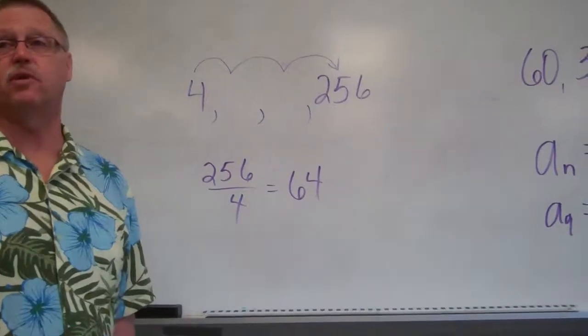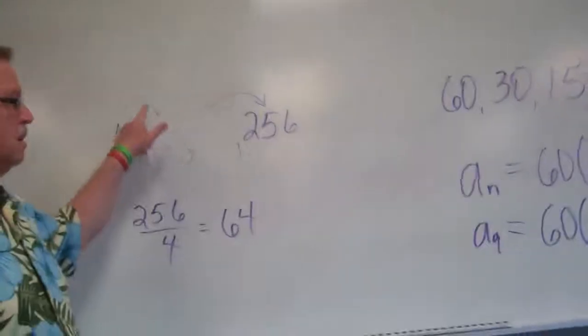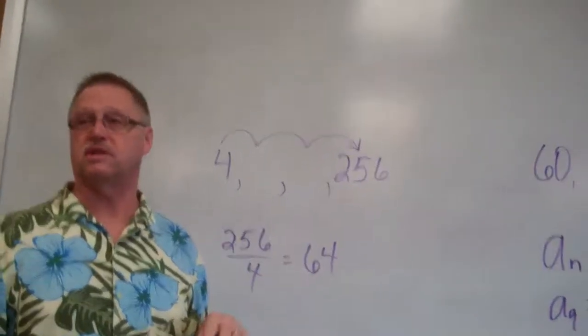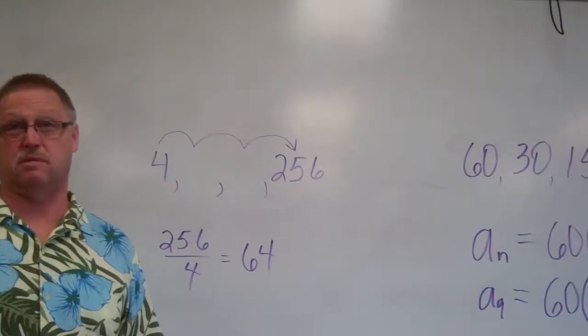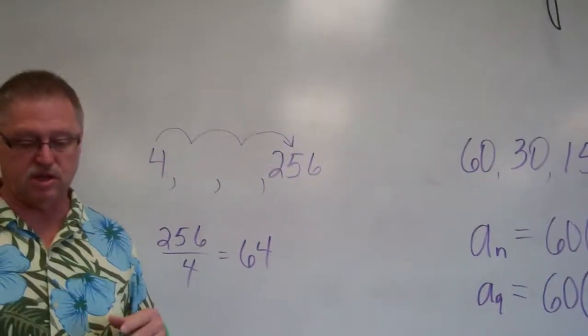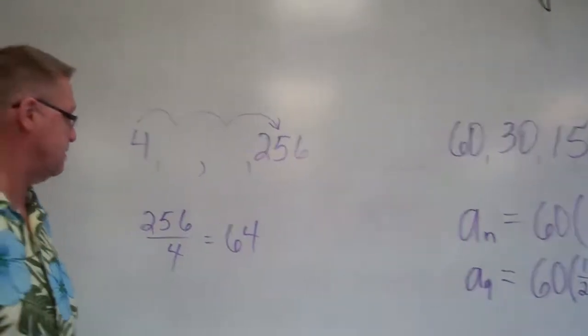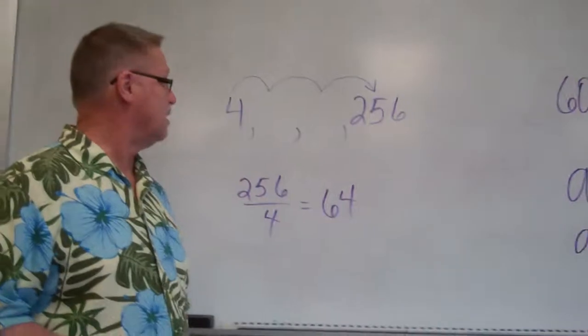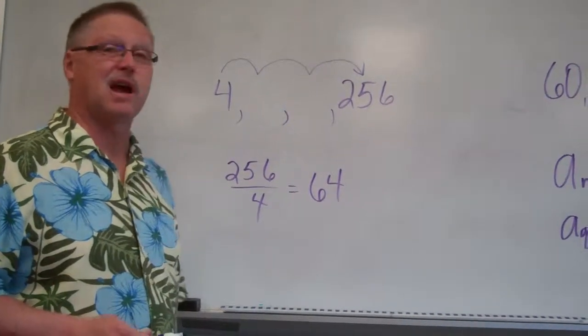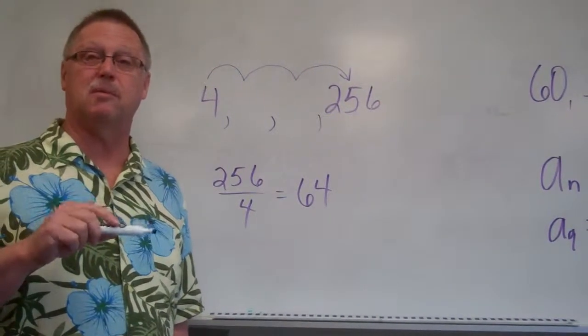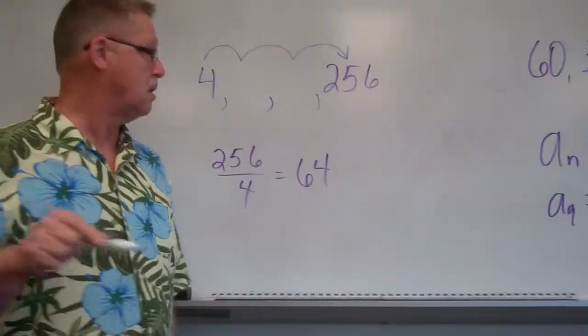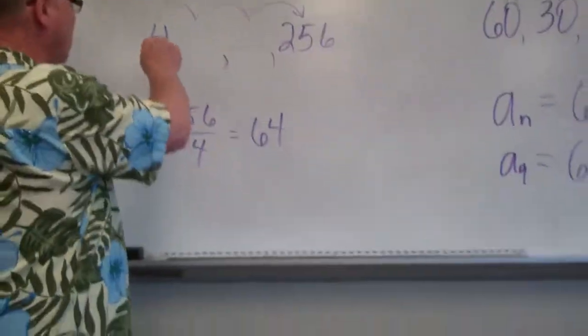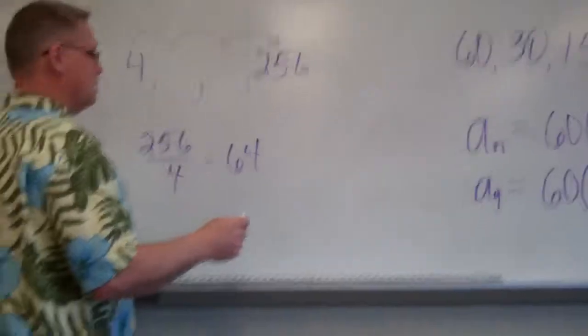So that's 64, achieved in 3 jumps. In 3 jumps, we go times 64. How can you decide what number you can take times itself 3 times to get 64?